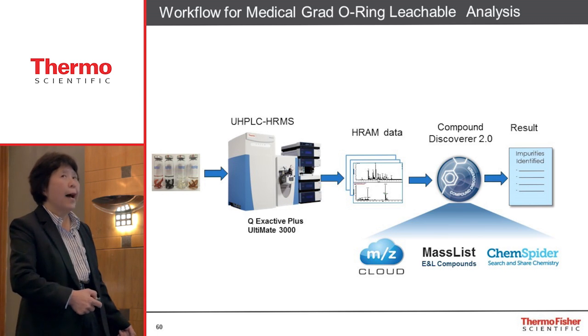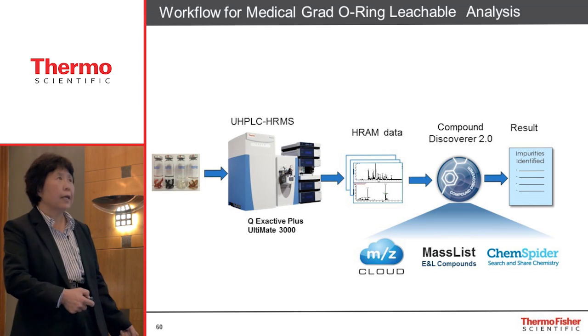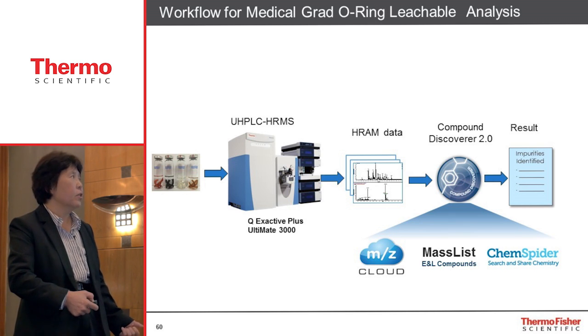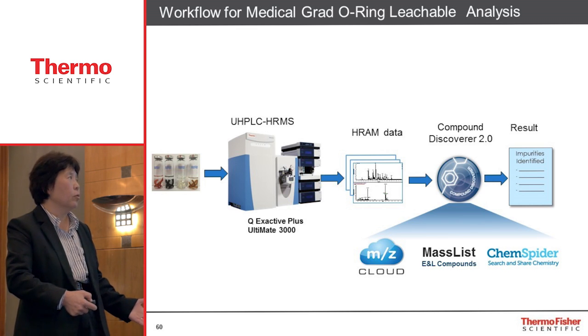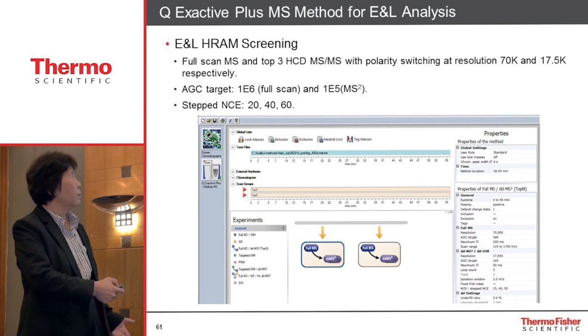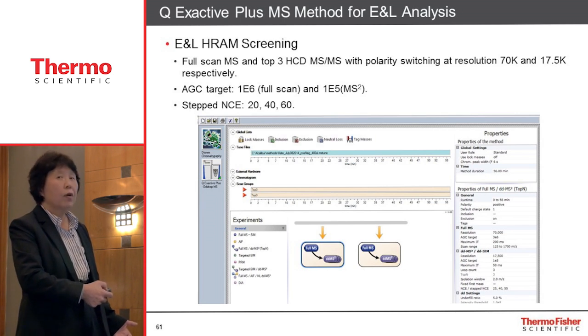We can do unknown impurity analysis very easily because we have the mzCloud and we have this homemade, we simply call it the mass list, which is a common E&L compounds database, and also you can do a ChemSpider search.